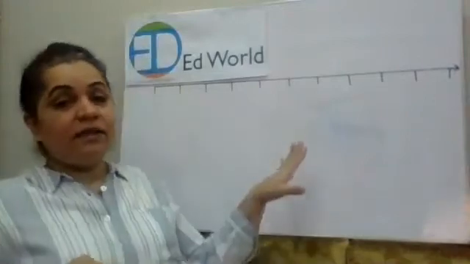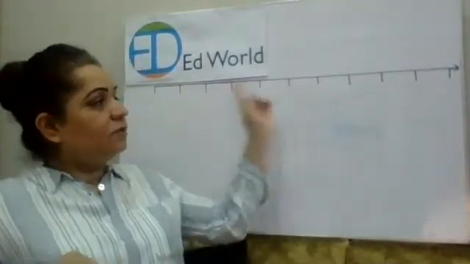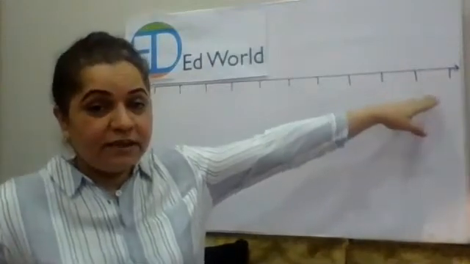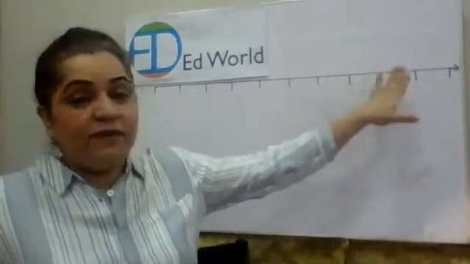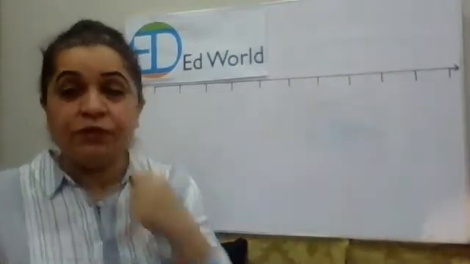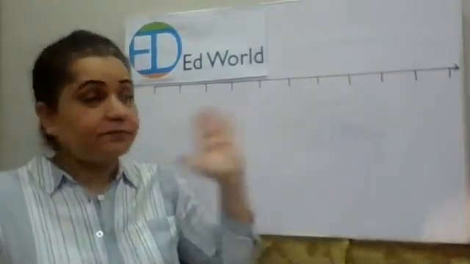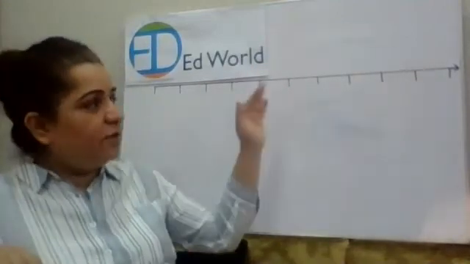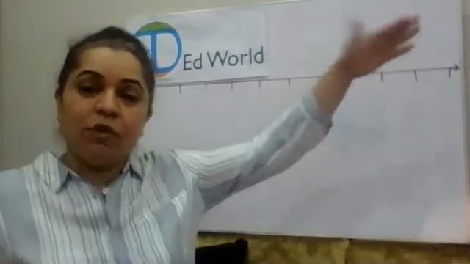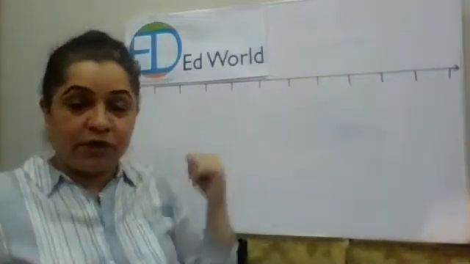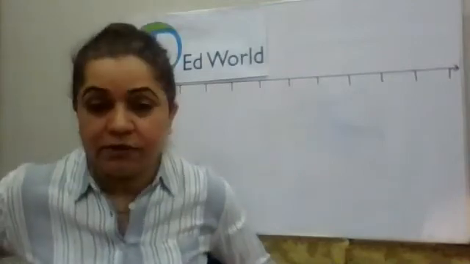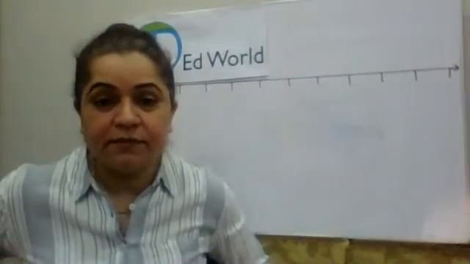Okay, so this is our number line, and this goes towards there because you can see the arrow over here, right? That's the arrow. We are going to follow the numbers. So the arrow is going over there, that means the numbers will be going over there. So we are going to start from here, right? So let's start.